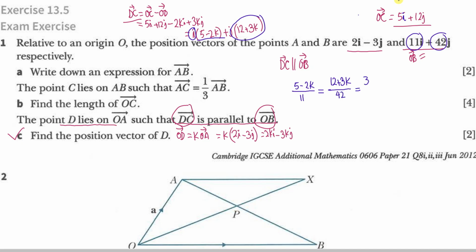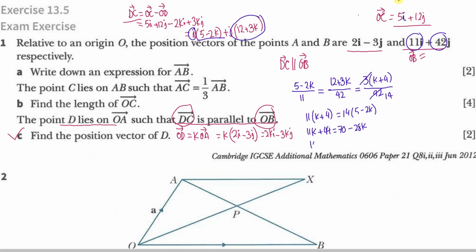Taking 3 common from the top, we write k plus 4, and on the bottom it is 42. Cancelling, we get 14. Now cross multiply, which gives 11 into k plus 4 on one side, and 14 into 5 minus 2k on the other. Breaking down, 11k plus 44 equals 70 minus 28k.